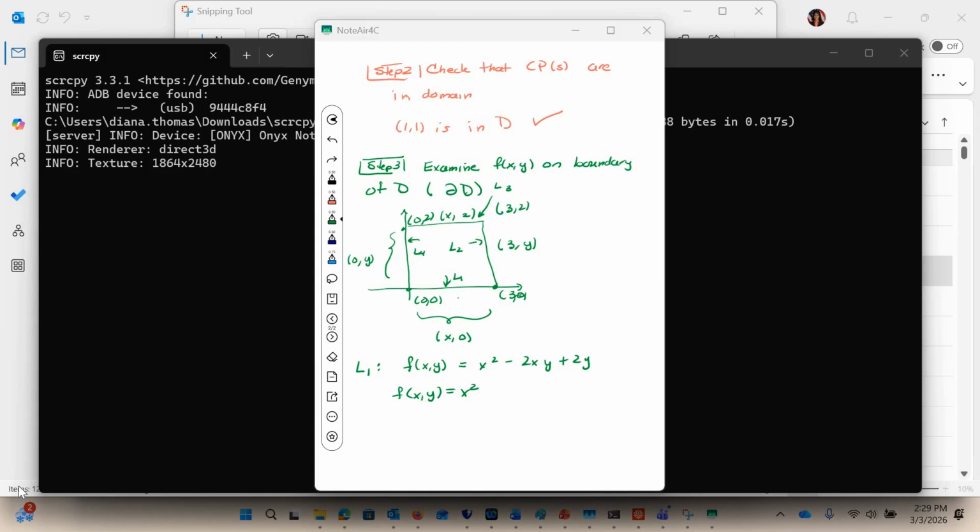What's the maximum value of x squared when x goes from 0 to 3? What's the largest value you're going to get from 0 to 3? If I plug in numbers for x, 0, 1, 2, 3, where is it going to be the largest? All right. Max at x equals 3, min at x equals 0.